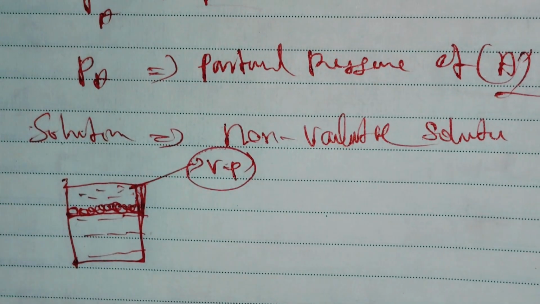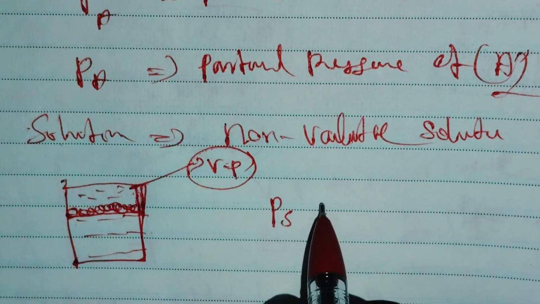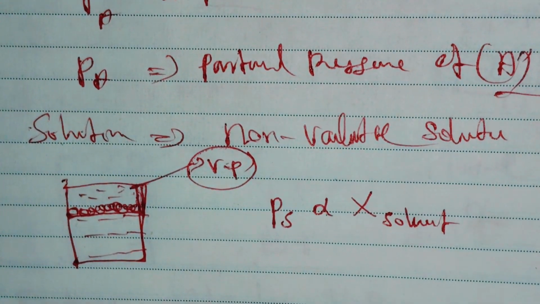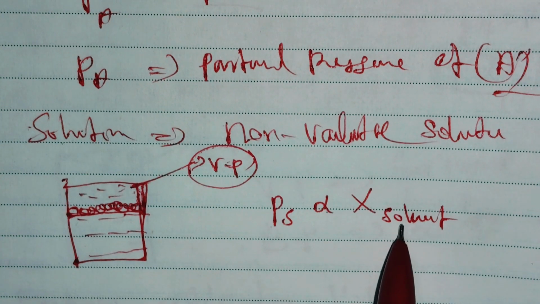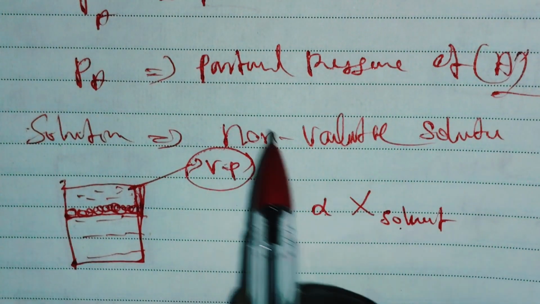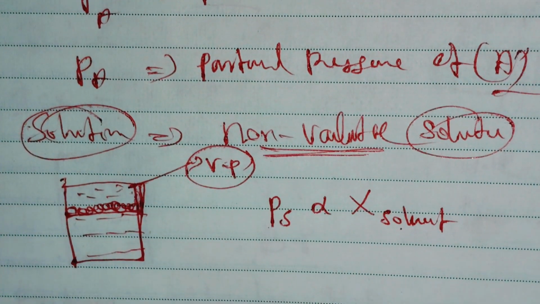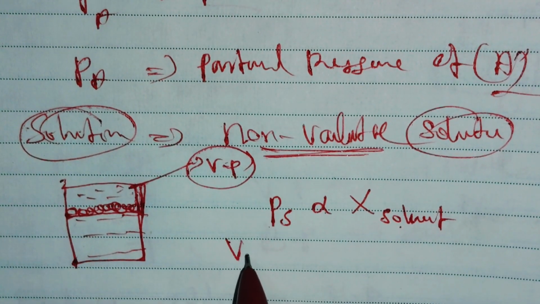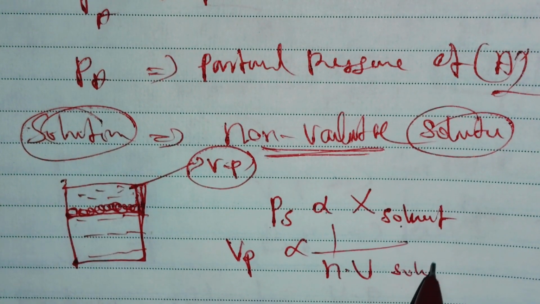Now consider that P of S is directly proportional to X of the solvent. The partial pressure of the solution depends only on the solvent, because the solute is non-volatile, and the vapor pressure is inversely related to the non-volatile solute.